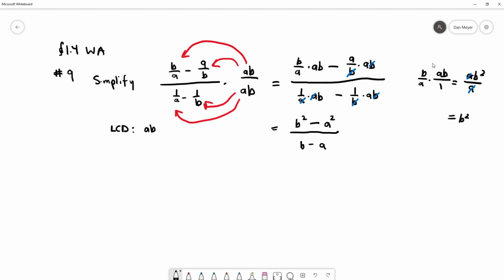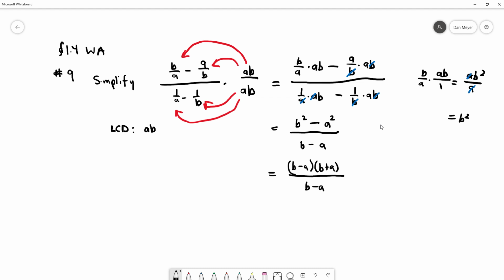We can continue simplifying here, noticing that my numerator is a difference of squares. So we're going to factor it as a difference of squares. B squared minus a squared factors into b minus a times b plus a.